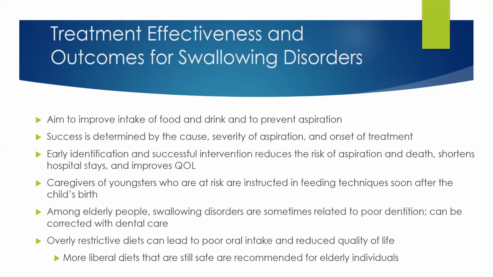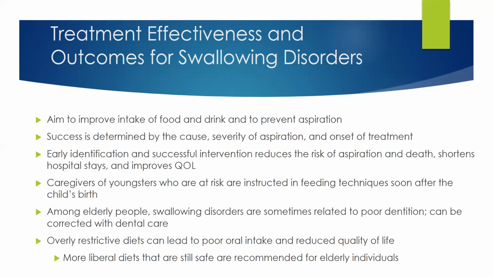And so caregivers and children who are at risk are instructed in feeding techniques as soon after birth, just to promote more normal development and prevent the certain compensatory techniques that can get in the way. And then with elderly clients, swallowing disorders are often related to poor dentition, particularly poor oral hygiene, and can be corrected with dental care.